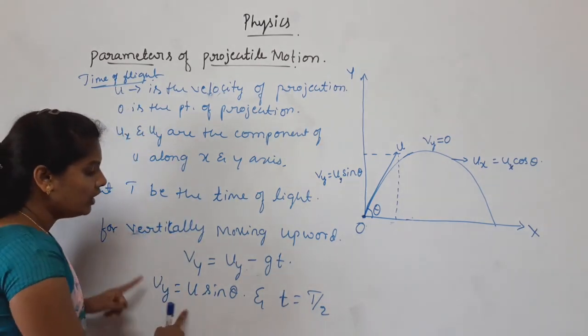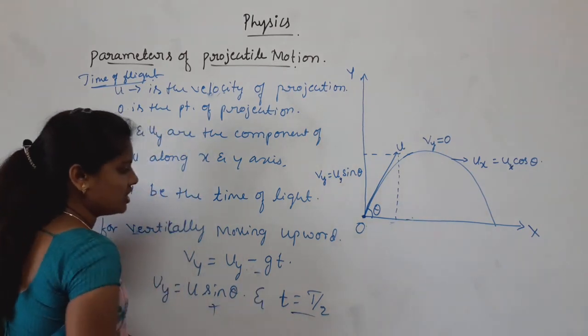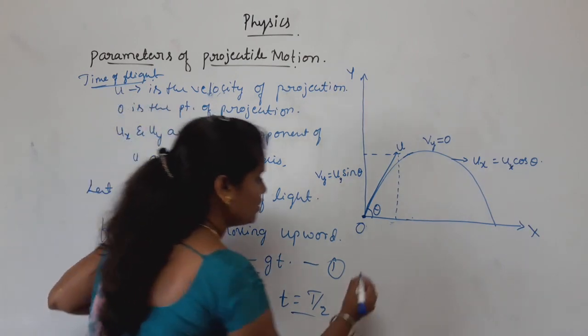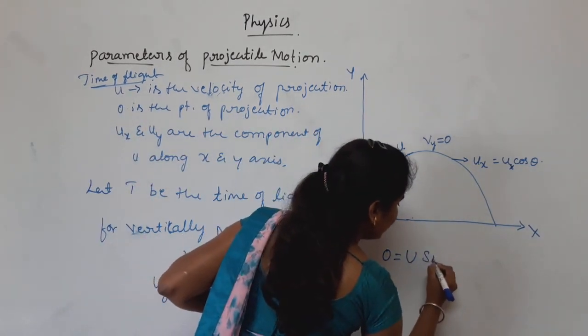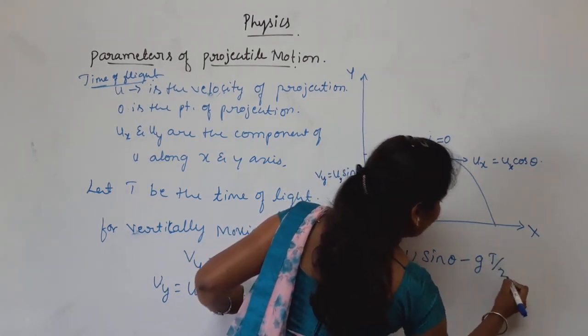Now substitute these two values into equation number 1, we get 0 equals U sin theta minus gT divided by 2.